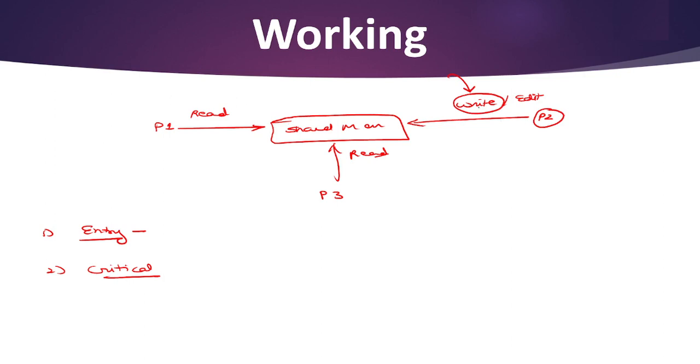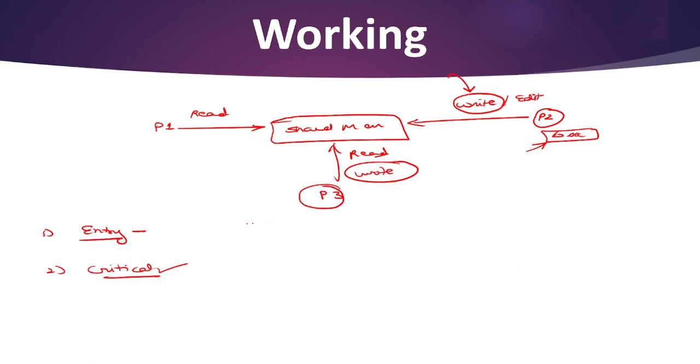Let's take an example that process P1 is writing on the shared memory for 10 seconds. After 10 seconds process P3 wants to write something on the memory. Only when process P2 releases the system, only then is process P3 allowed to make changes. This is the working of the critical section.